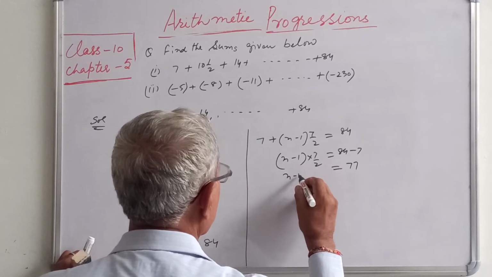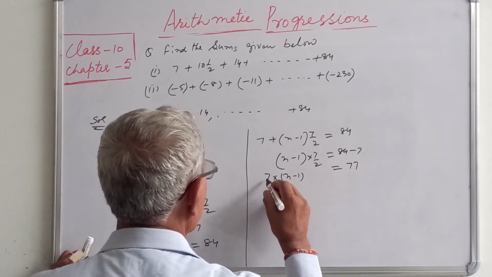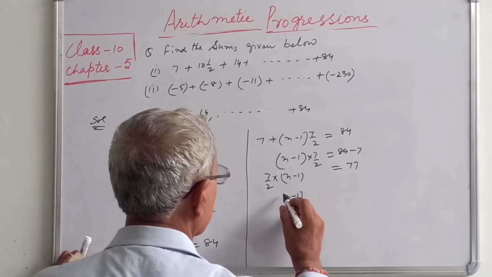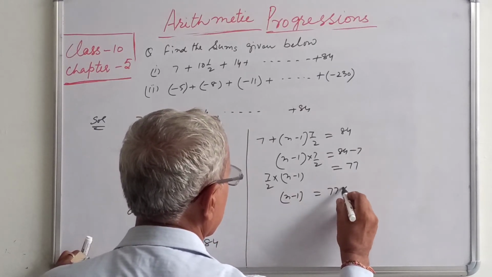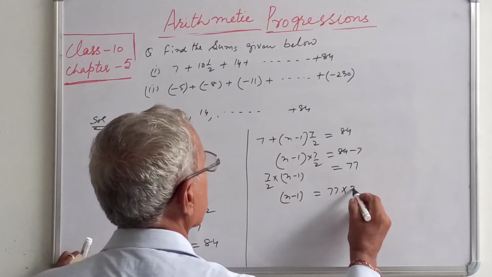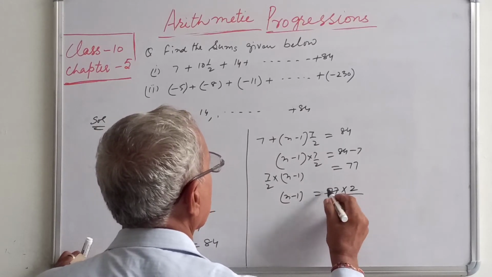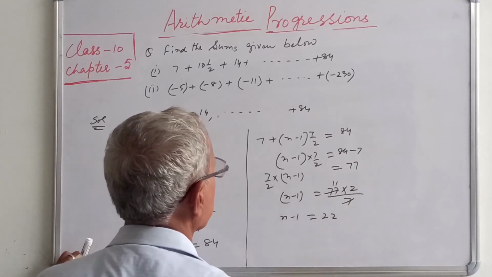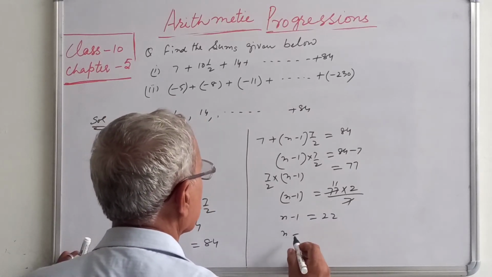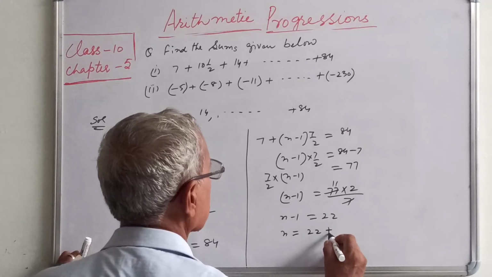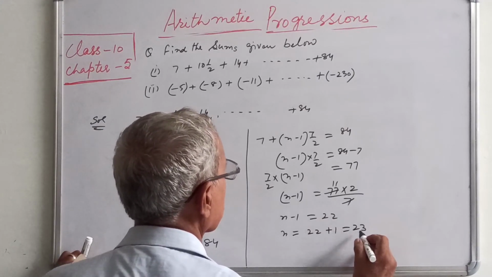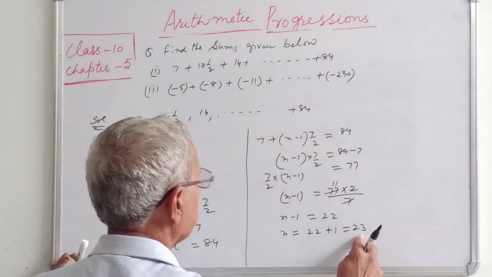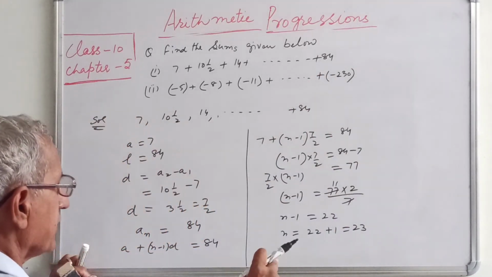So n minus 1 multiplied by 7 upon 2 is 77. इससे क्रॉस मल्टीप्लाई किया 2 upon 7. So n minus 1 is equal to 22. So n is equal to 22 plus 1, that is 23. So n here is 23.